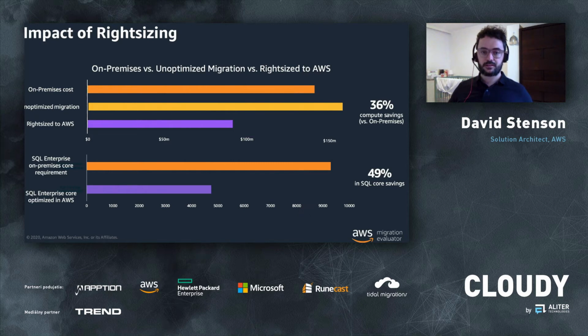In addition to that, Migration Evaluator will highlight opportunities for Microsoft SQL core optimization. And this is where cores that are not needed on the EC2 instance can be disabled, and therefore saving on the cost of those licenses as well.